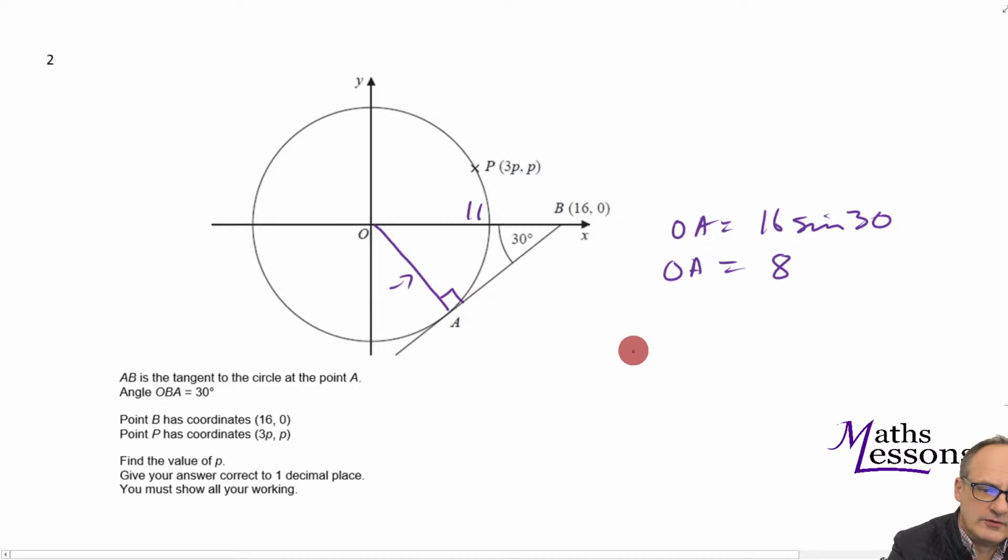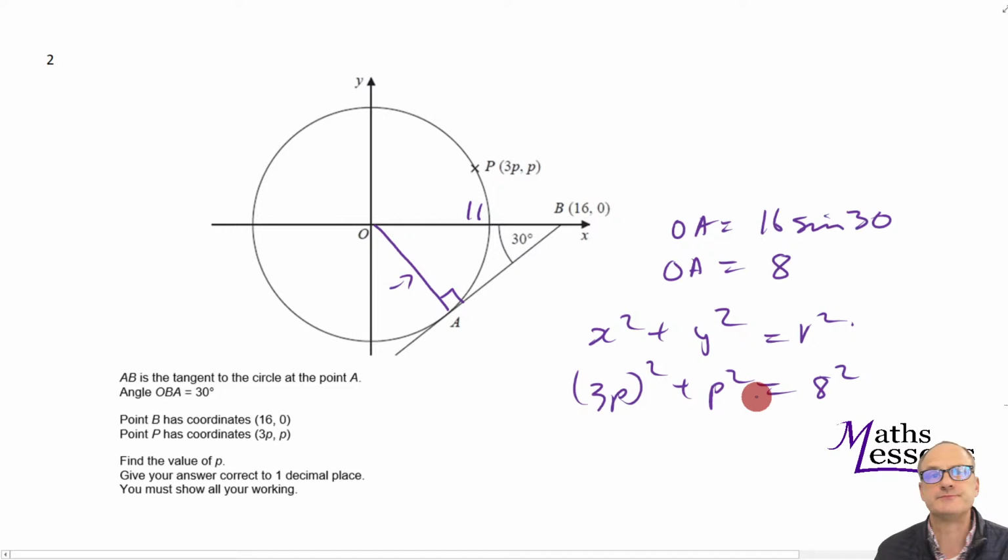And you should know that the equation of a circle is x squared plus y squared equals r squared, and we've got x and y, so we've got 3p squared plus p squared must equal 8 squared.